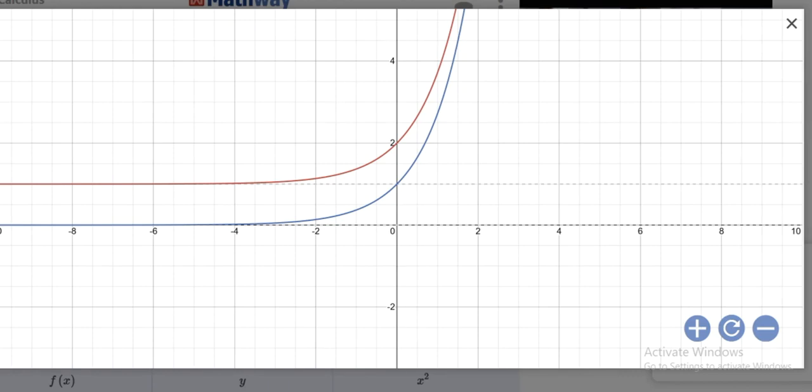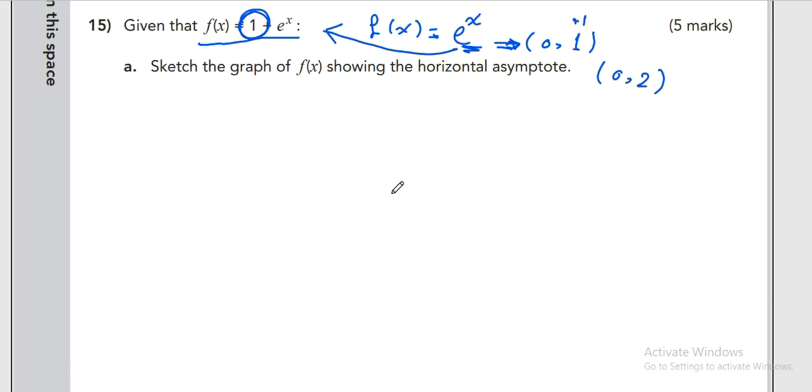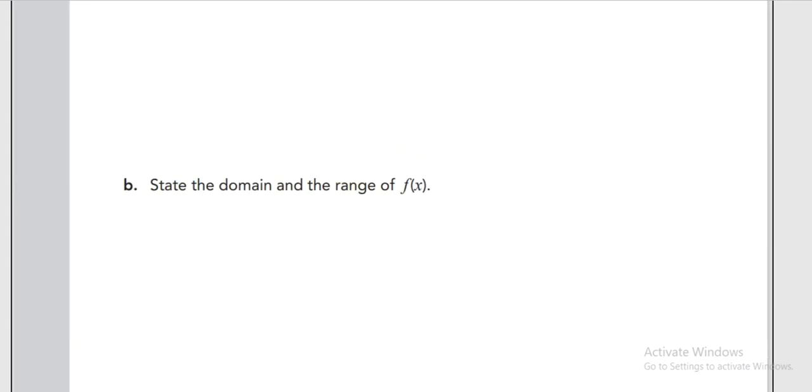Question B. Here you are asked to find the domain and range of f of x. We said before that the domain is related to values of x and the range is related to values of y for this function. The domain for this function is all real numbers.